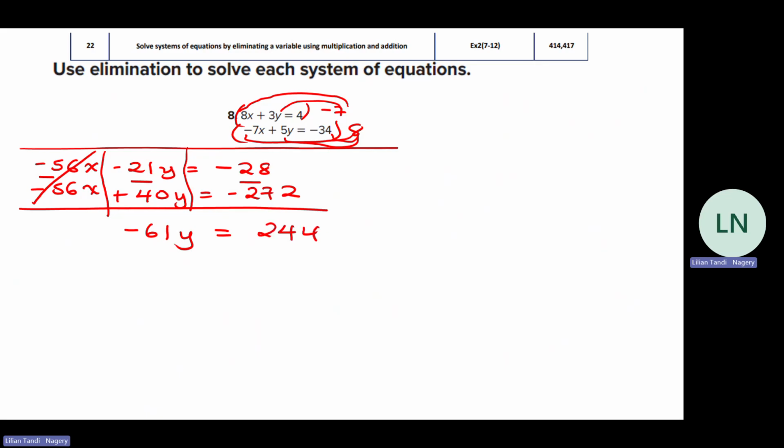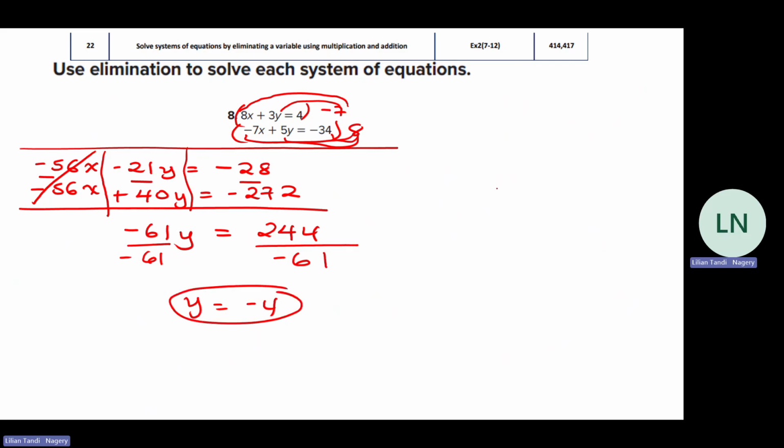Then I need to divide this by 61. Am I doing my work correctly? No. So 244 divided by 61 is 4. So divide this by 61, but negative 61. So y equals negative 4.